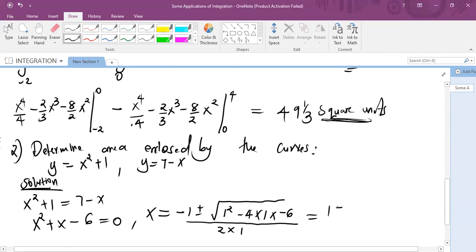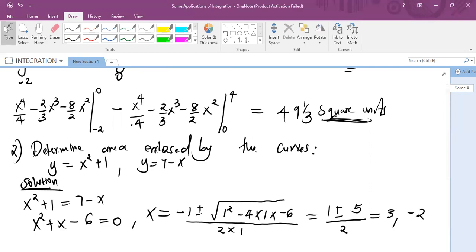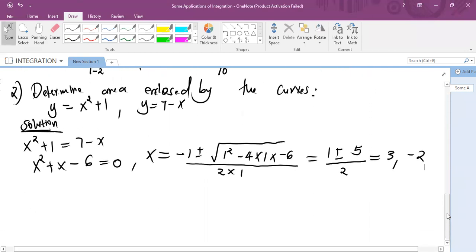This gives minus 1 plus minus the square root of, so this is 1 squared minus that will be plus, so 24, 25 will give 5, all this divided by 2. Okay, so what's the value of x? Minus 1 plus 5, 4 divided by 2, 2, and the other value of x, minus 1 minus 5, minus 6 divided by 2, minus 3. So we already have the points of intersection.